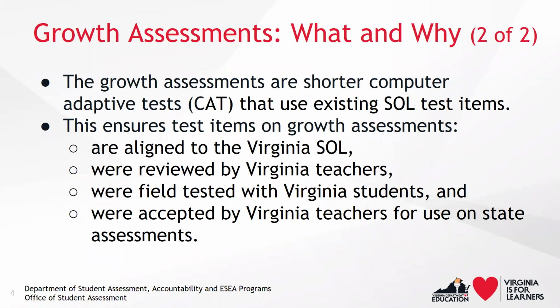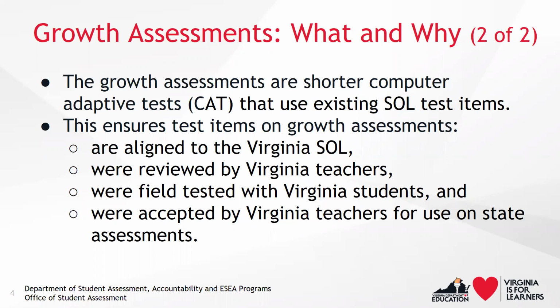To meet the requirements of the new law, Virginia Department of Education staff, along with the assessment contractor, developed shortened computer adaptive tests, also known as CAT tests, using existing SOL test questions and test item banks.